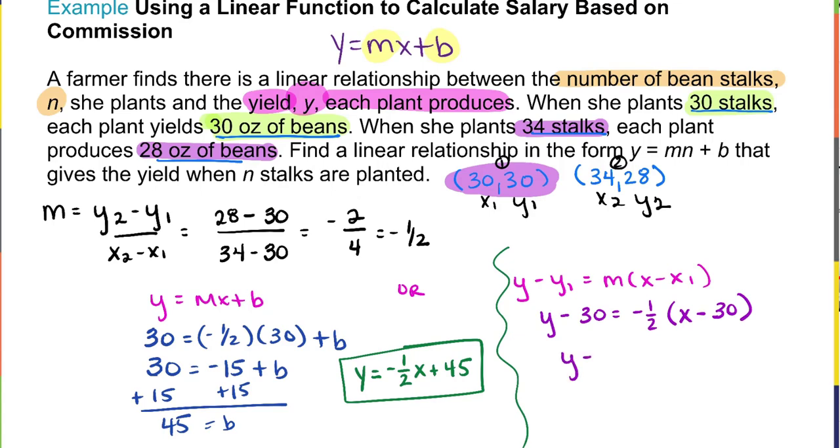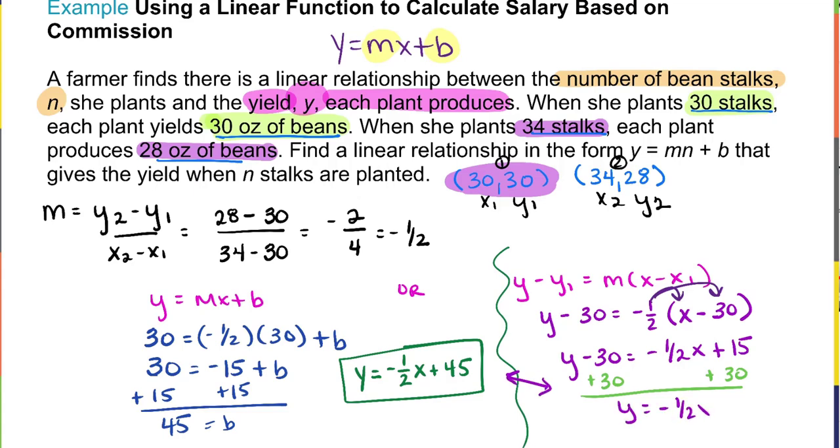And then I would distribute your negative 1/2 to each term here, and we get negative 1/2 x plus 15, and then you would add 30 to both sides because your goal is to get your y by itself in the end, and you end up with the same thing that we ended up with over here. You end up with y equals negative 1/2 x plus 45. So either way, you get the same answer, and it's all about your preference.